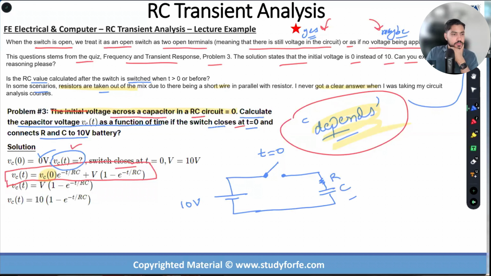All good? Okay. Might as well throw in that the switch closes at t is equal to 0 seconds.